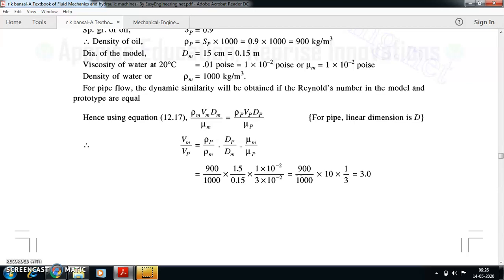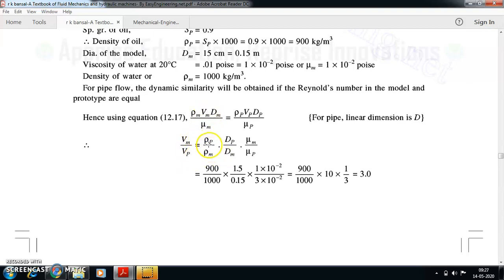Now, what does your equation tell? The Reynolds number of the model will be equivalent to the Reynolds number of the prototype. So your rho V d by mu of the model will be equivalent to rho V d divided by mu of the prototype. So I can get the velocity ratio Vm divided by Vp.